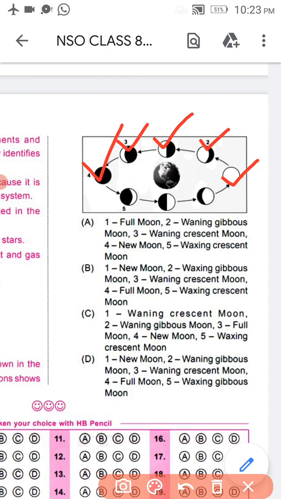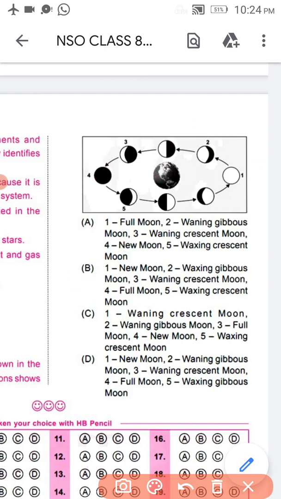Number 3 already covered. Number 5, waxing, again the same, it is repeating. So you can see new moon, waxing moon, waning crescent moon, full moon, and waxing. So option number B is the correct option.